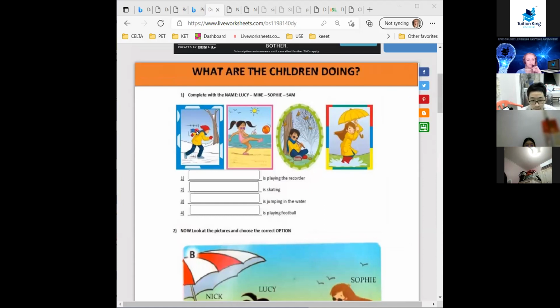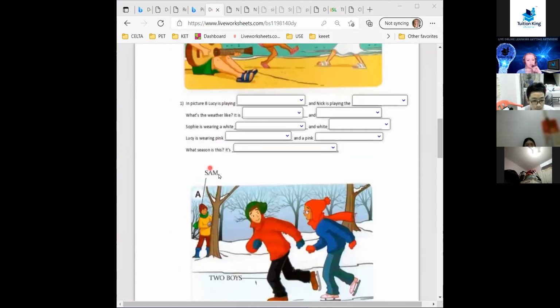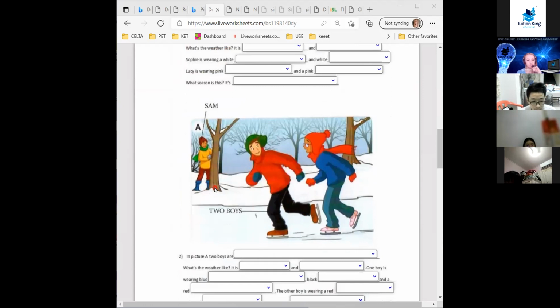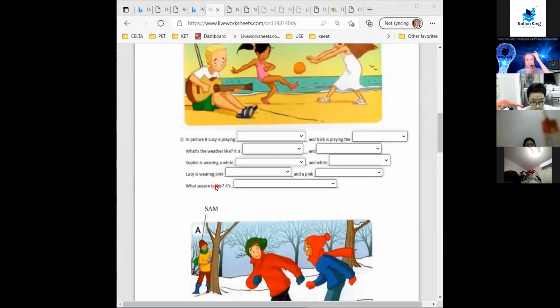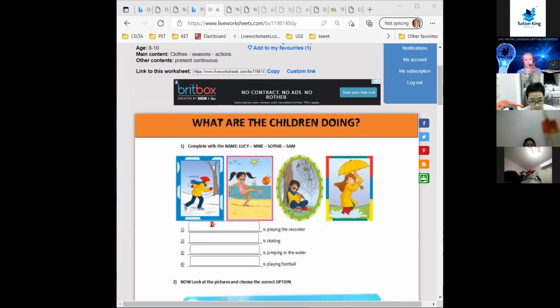Who is Sam? The first picture or the third picture? The third picture. You think the third picture is him? Okay, let's check out the shoes. Okay, you say Sam, we put Sam.